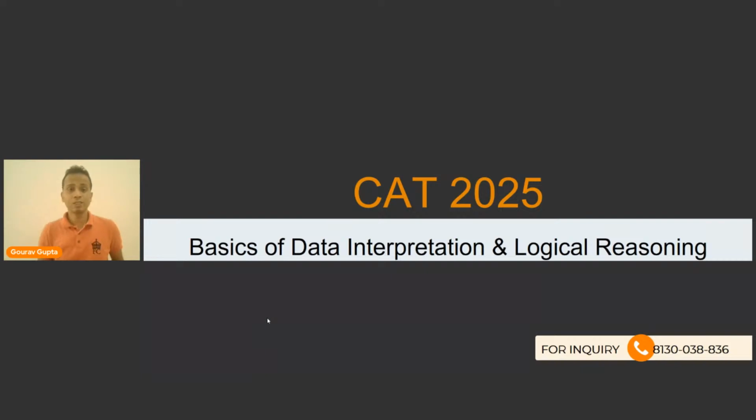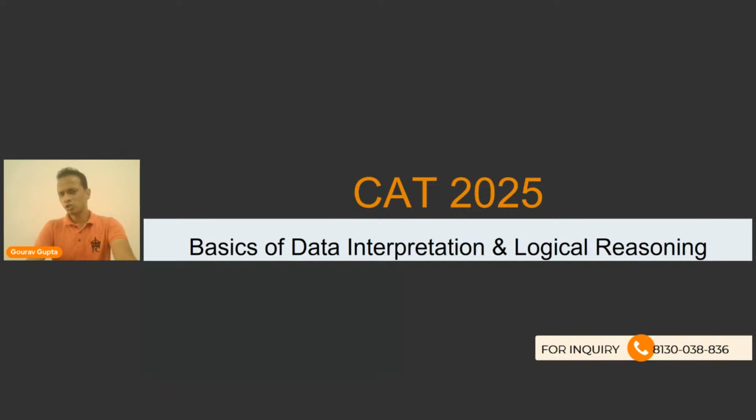Now, today's set of data interpretation is a very good set, and I would say that the level of difficulty is definitely above moderate level of difficulty, right? So in these classes we are solving sets, questions which are not easy, but they will help you in learning something new with every session. All right, so without wasting any time, let's quickly get into this set.